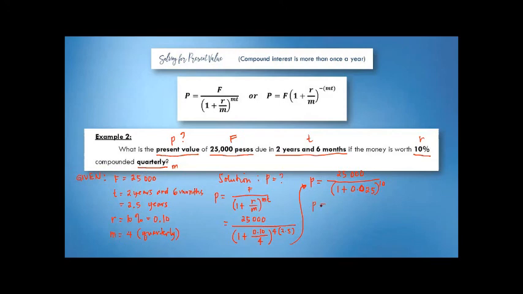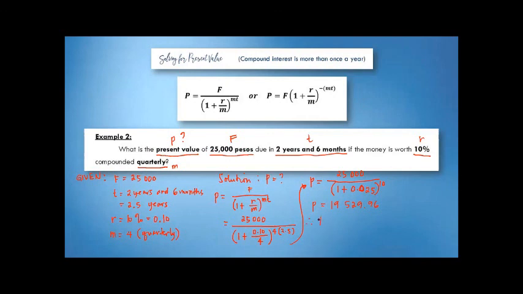So the final answer for P is 19,529.96. Yung point natin na 0.96 is rounded off na of 2 decimal place.